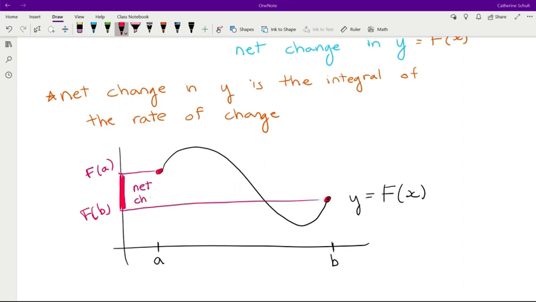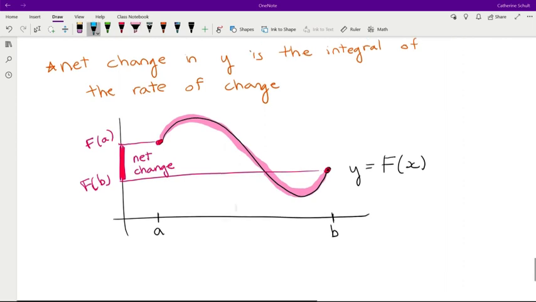And notice in this example, if this were to represent a position function or something, we travel much more than that, right? So the net change isn't so much about where our graph is going or where our graph has been, it's where we started and the difference between where we ended.